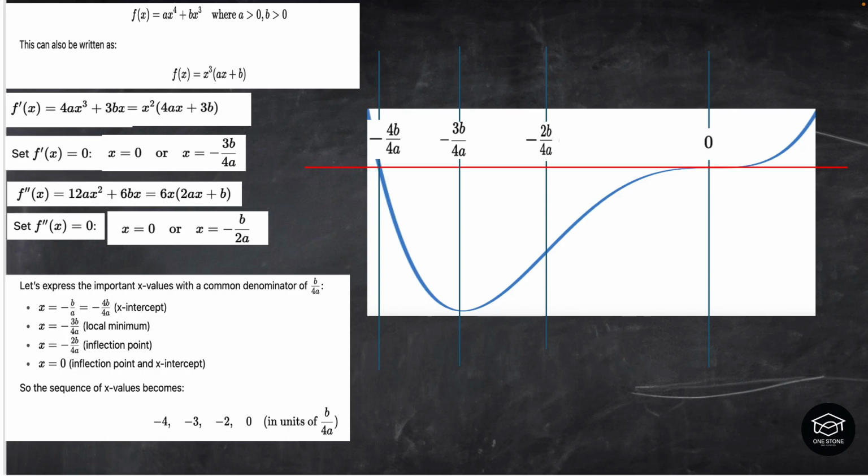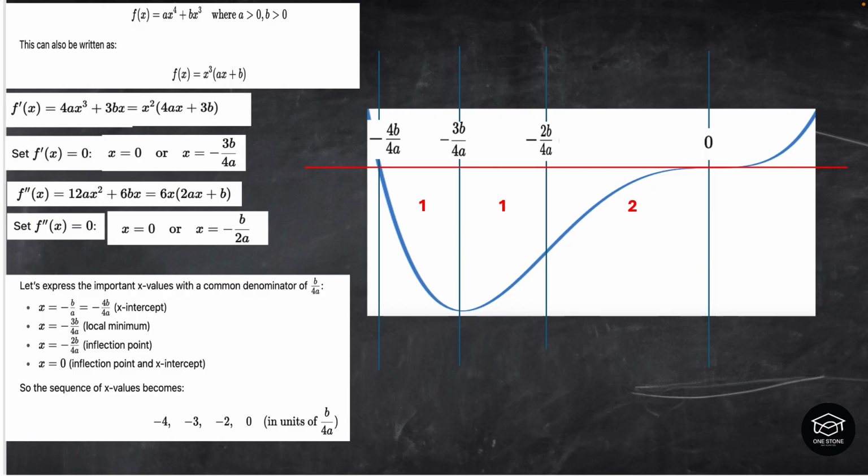So the x values in order are negative 4, negative 3, negative 2, and 0, measured in units of b over 4a. If we look at the spacing between these points, we see a simple pattern. The distances between the inflection point, the local minimum, and the intercepts follow a consistent ratio of 2 to 1 to 1.